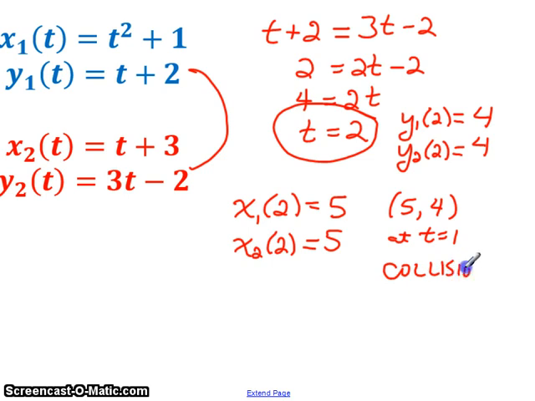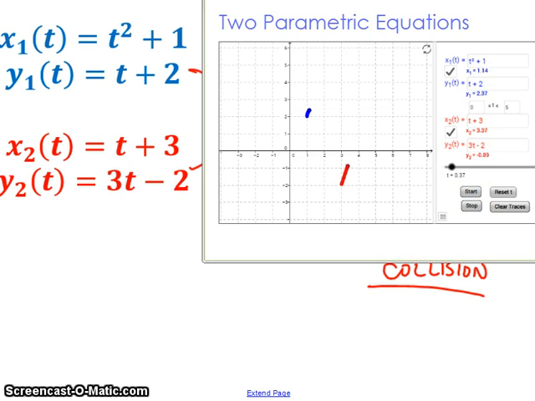And we should have a collision in this case. So let's go ahead and take a look at the simulation. These are following the same path as before, but now they're actually meeting each other at the same time. And again, that time gives us a position of x equals 5 and y equals 4.